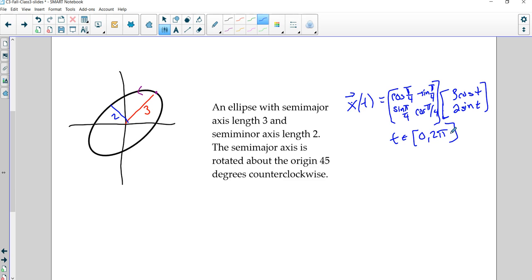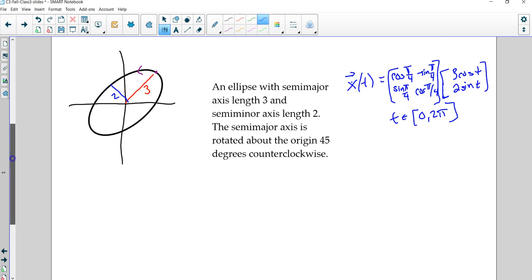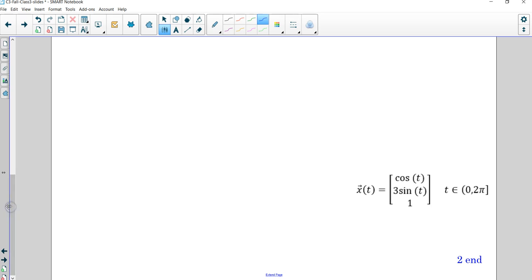For the last one, I want you to pause and see if you can determine the graph and the description on your own.